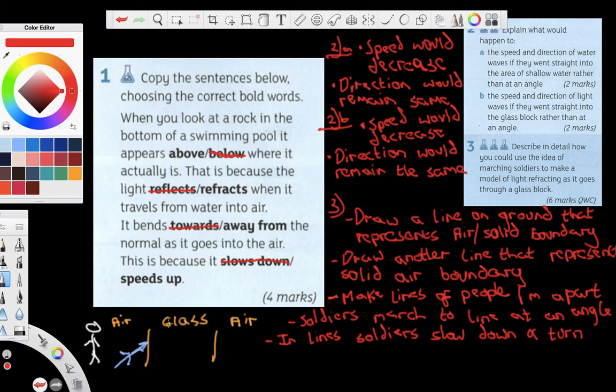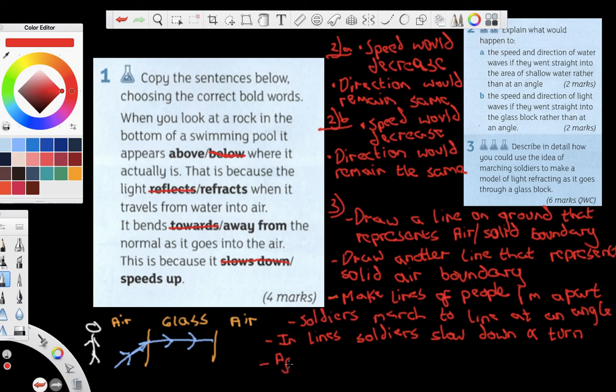So rather than being at this angle and continuing at that angle, what the soldiers would do is they would slow down and turn that way. We can then say that once they cross the second line, they speed up and move into the original angle.